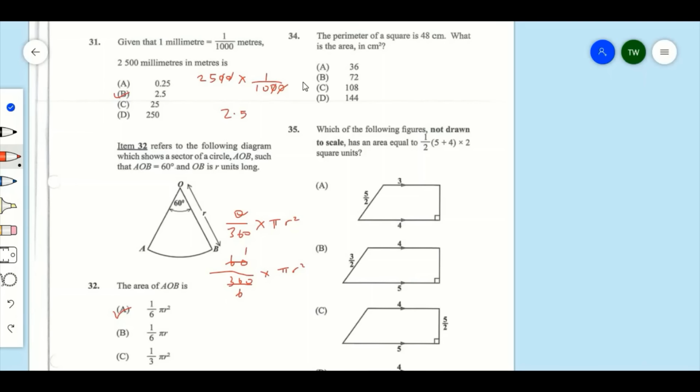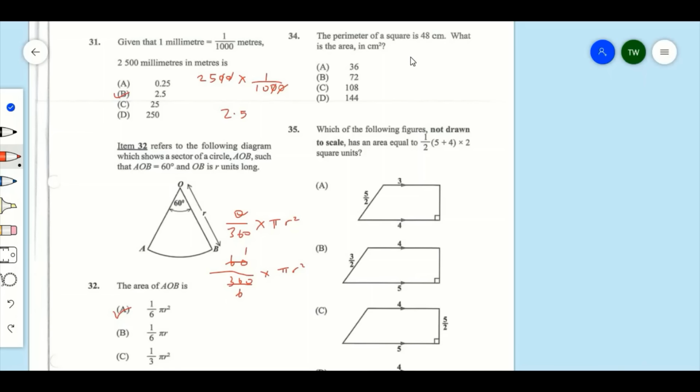Item 34. The perimeter of a square is 48 centimeters. What is the area in square centimeters? So we know that a square has 4 equal sides. And we know we can calculate the perimeter of a square by multiplying the length of one side by 4.